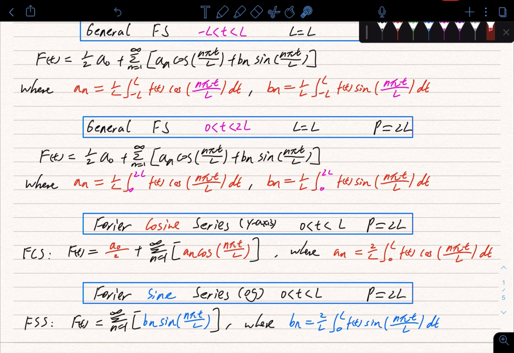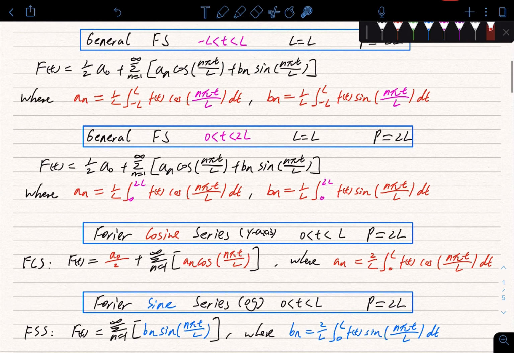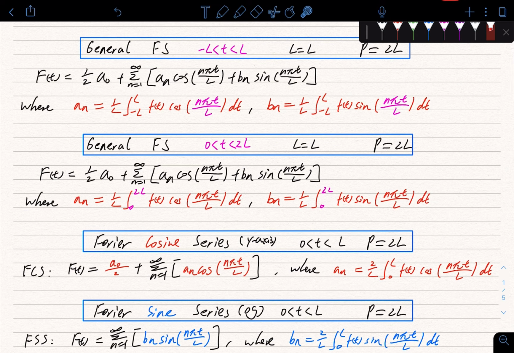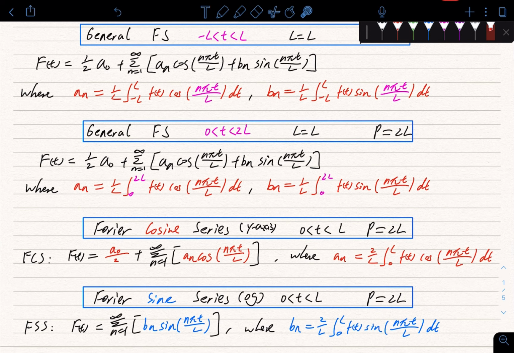And for those functions, the Fourier series can be simplified down to a0 over 2 plus an infinite series of an cosine n pi t over L. So it's basically that the sine part is canceled out, because if you do the integration, you will find that for all of the even functions, the b term will always get canceled out. So no b term, only a term, and then an is the same thing as before.